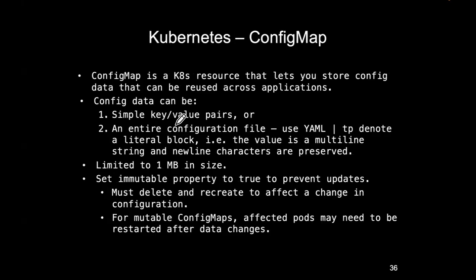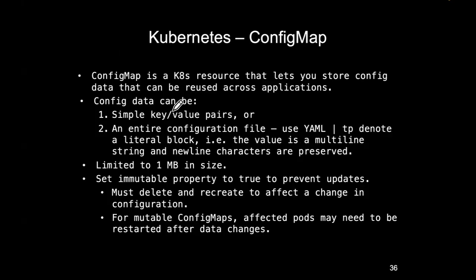So for config maps, I'm saying it's a Kubernetes resource that lets you store configuration data that can be reused. And the idea is that you might want to reuse that configuration data for multiple applications or even for the same application in different environments. Our configuration data is simply key value pairs, simple key value pairs.